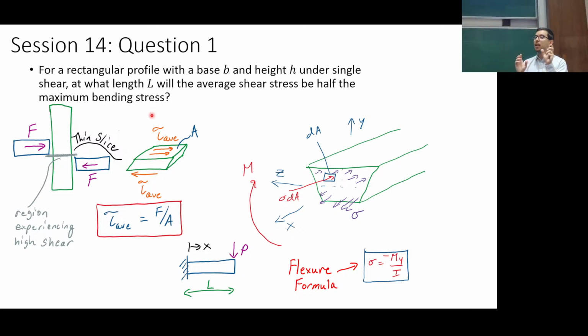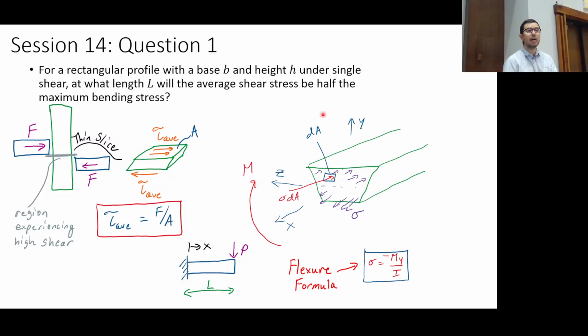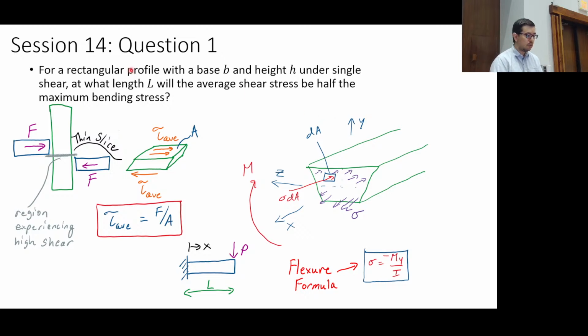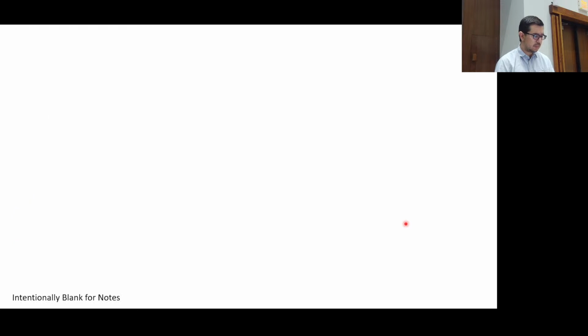That's essentially saying I have an equation for shear stress, and I want that to be equal to one half of sigma bending. I can figure out the shear stress equations, and I can figure out what the flexure formula tells me for the bending stress, and I can solve for what the length would have to be. I can describe that in more detail. That will be a short problem.